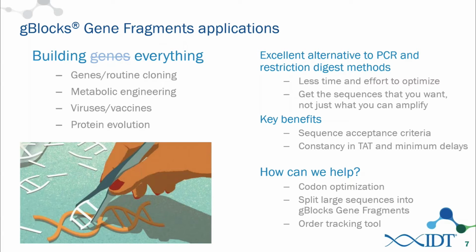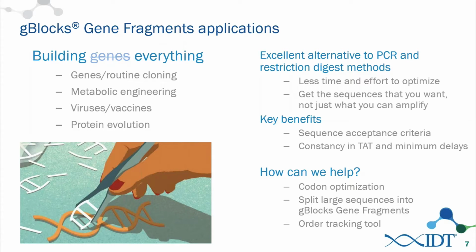Not just genes, but entire gene pathways, full viral genomes in some cases, partial viral genomes for vaccines, of course, individual genes for protein evolution, and variants of genes can all be built with gBlocks. And this has some real benefits compared to a lot of traditional methods of either PCR amplifying out sequences that are desired, or cloning, or using some other methods.